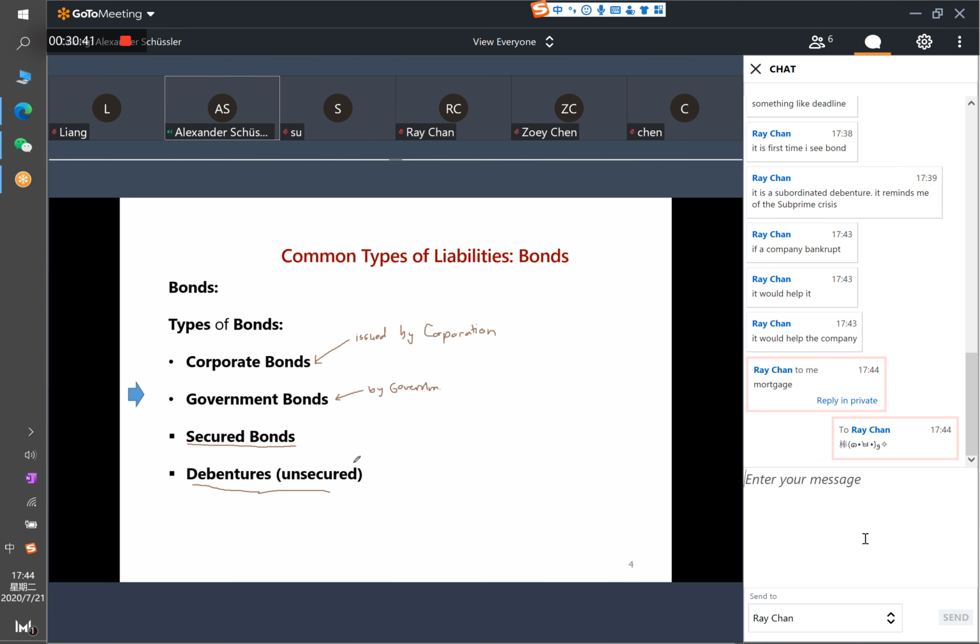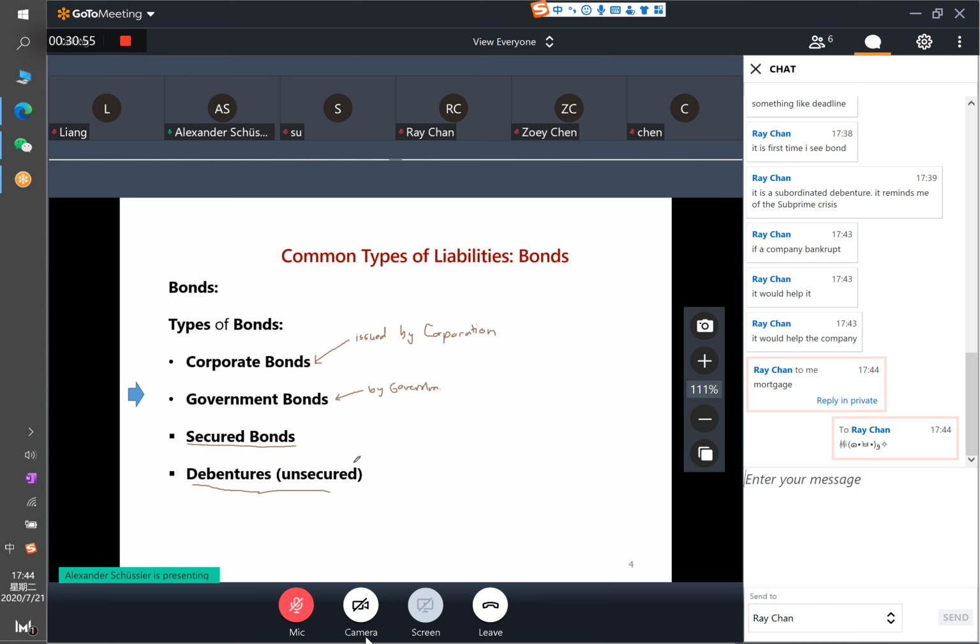Which of those, secured bonds or debentures, do you think has higher interest rates, and which do you think has lower interest rates? Exactly, yeah. Very good, Liang. Can you also explain why?